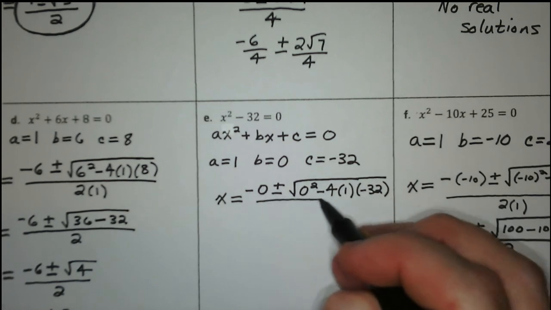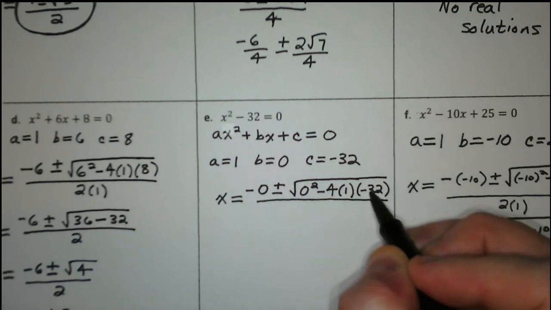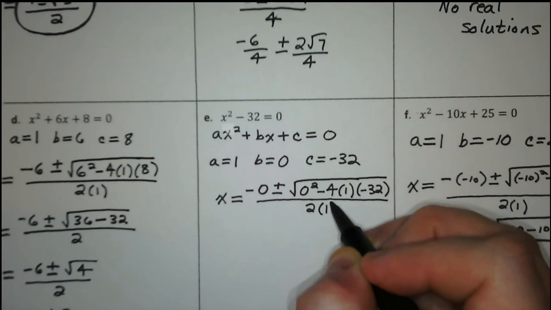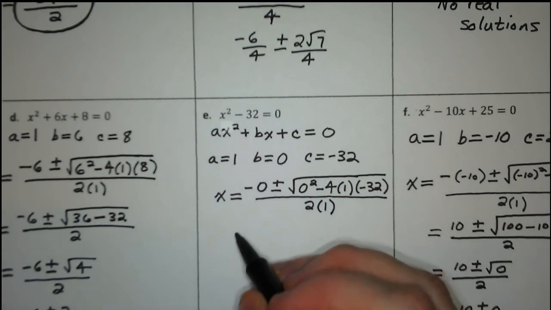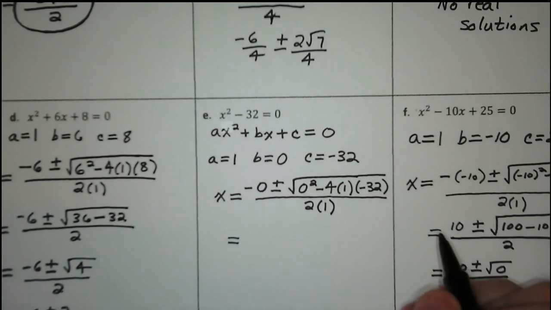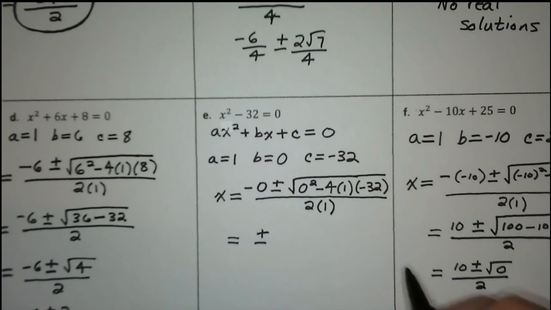Alrighty? Remember, c was negative. Ooh, remember, keep track of your negatives. All over 2 times a. So check this out. Negative 0, that's just 0. That's gone. So I really just have that plus or minus.